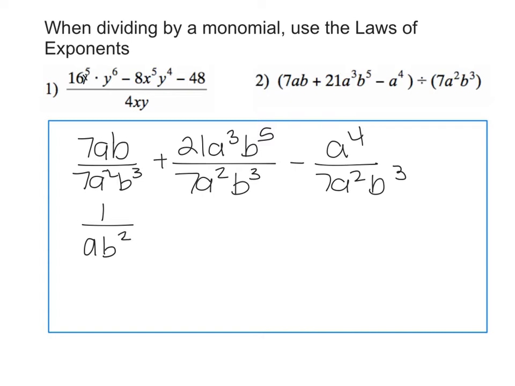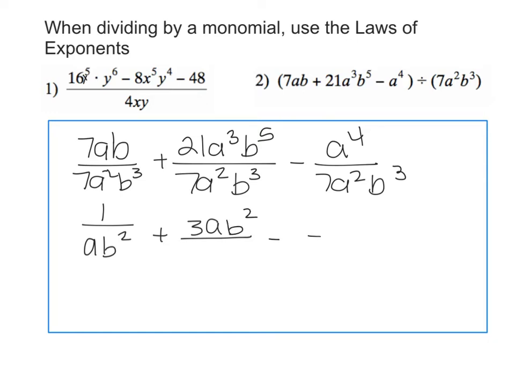Sorry, b squared in the denominator. Plus 21 divided by 7 is 3 on the numerator. a cubed over a squared gives me a, and that's on the numerator. And b to the 5th divided by b cubed is b squared, and that's on the numerator.